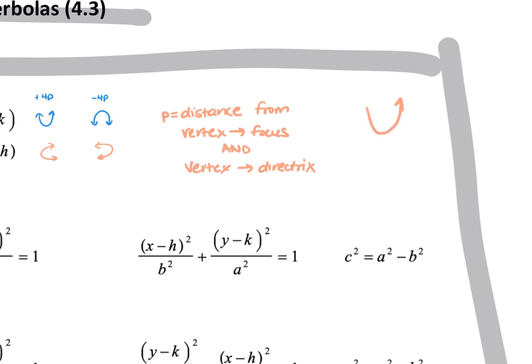So if it points up, you've got a focus inside and you've got a directrix on the opposite direction. And the focus is a coordinate point. And the directrix is an equation. If it's horizontal, it's y equals. If it's vertical, it's x equals.